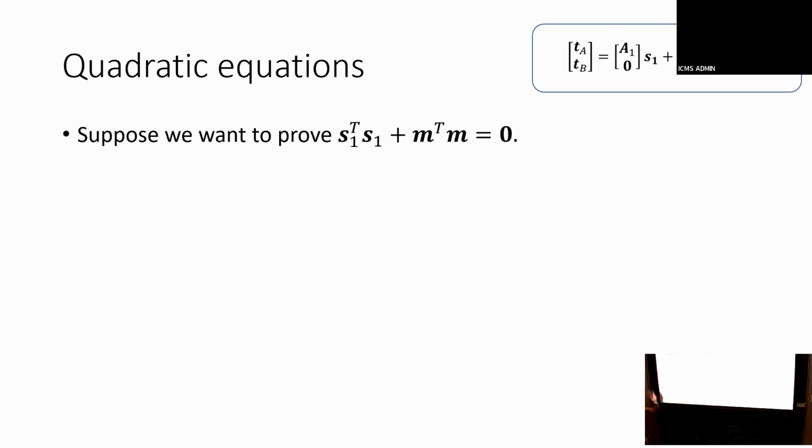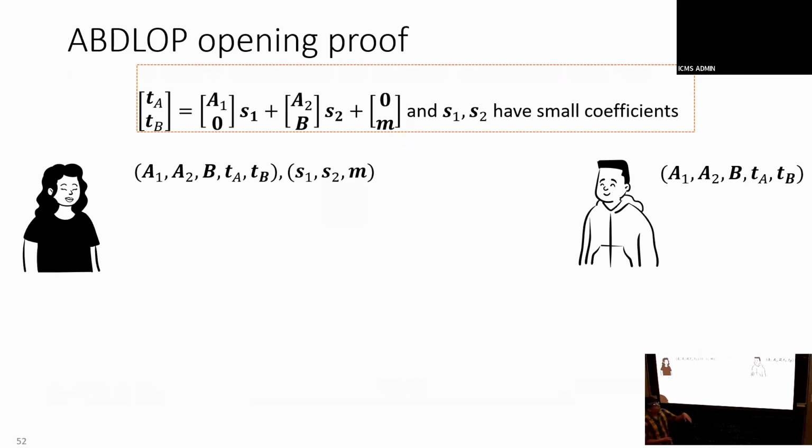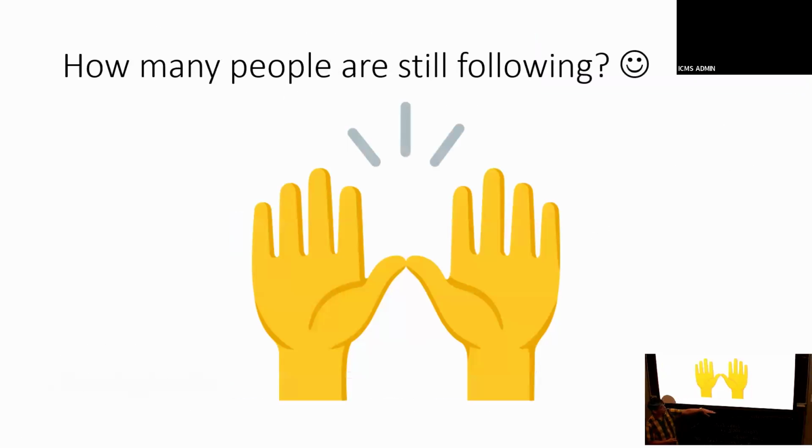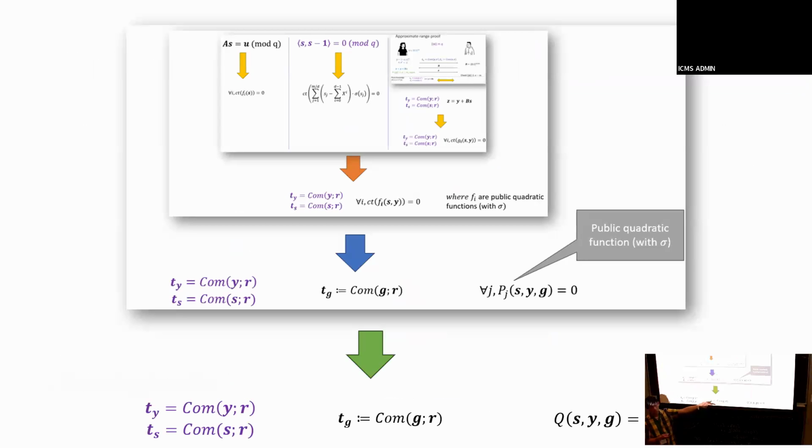You wouldn't do this in concrete applications, but I just want to give an example of how you would proceed. Proving a general quadratic equation will be the same strategy.